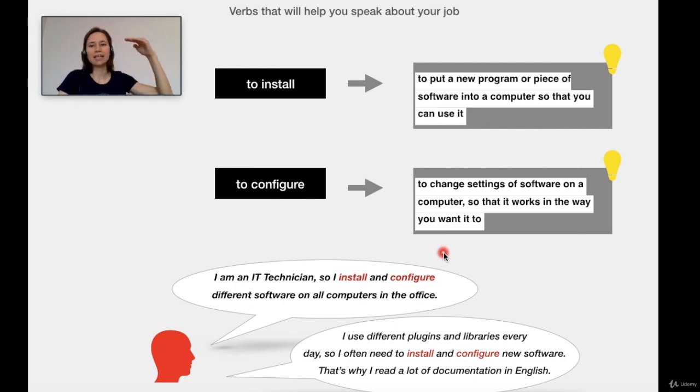So you go to settings and you change everything that you need. I'm an IT technician, so I install and configure different software on all computers in the office. Or another one. I use different plugins and libraries every day, so I often need to install and configure new software. That's why I read a lot of documentation in English.